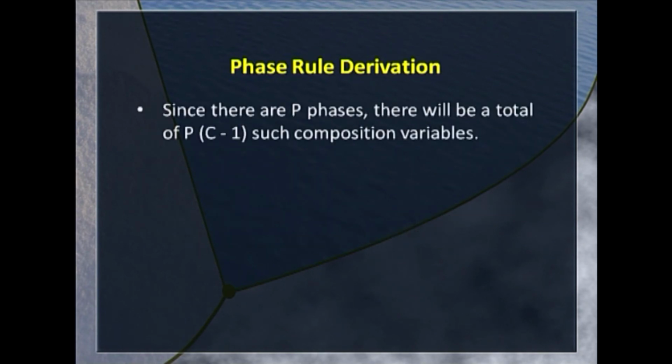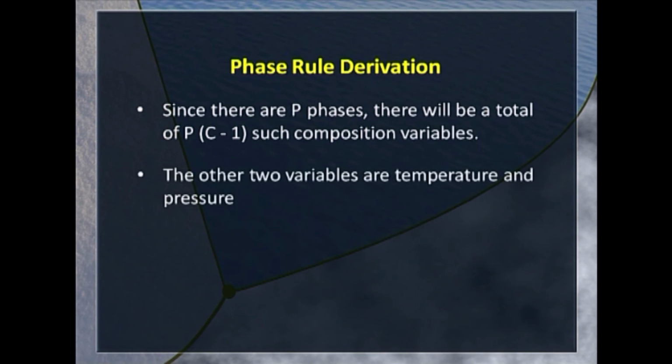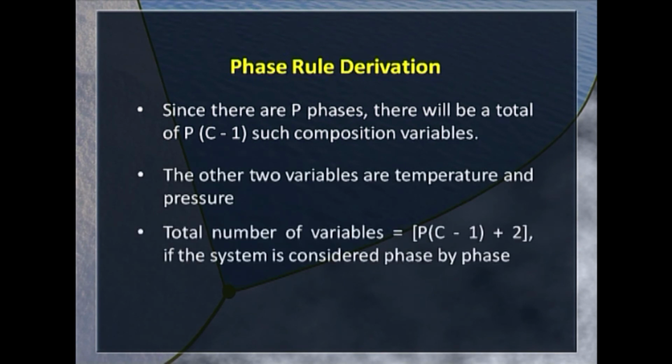Since there are P phases, there will be a total of P into C minus 1 such composition variables. Along with pressure and temperature, the total number of intensive variables will be P into C minus 1 plus 2 if the system is considered phase by phase.